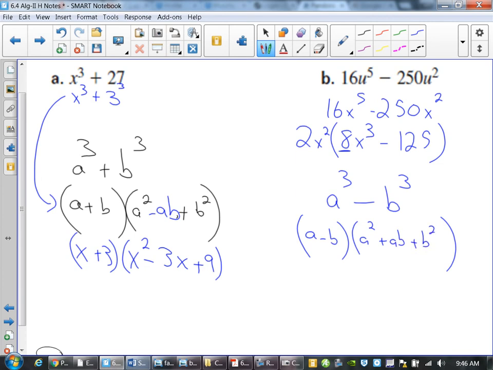Oh, it's minus this one. There's 2 different ones. You have the A cubed plus B cubed, the sum of the cubes, and then you have the difference of the cubes. After the AB, it's always going to be plus B squared.